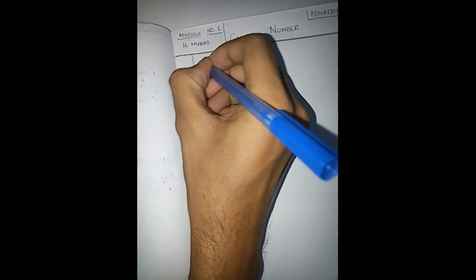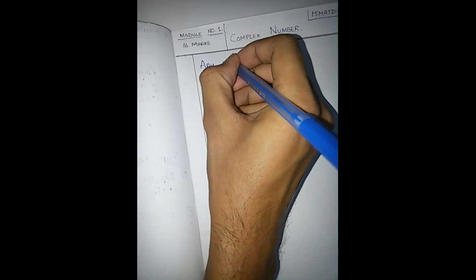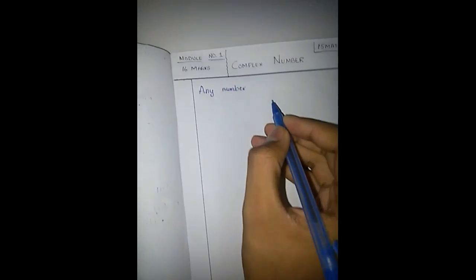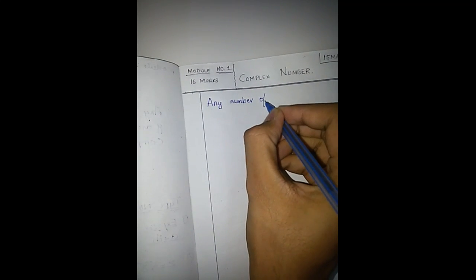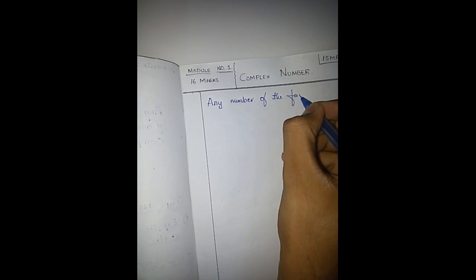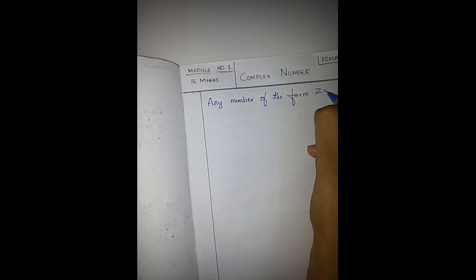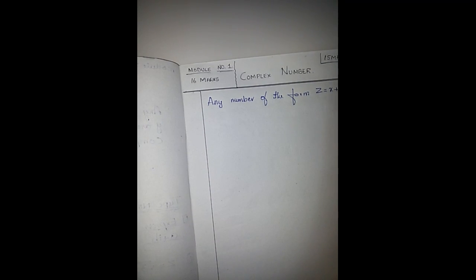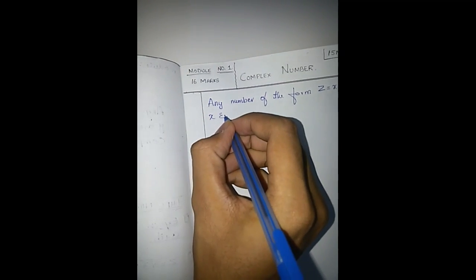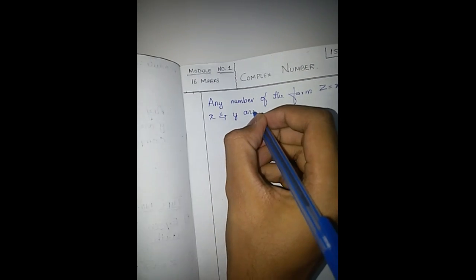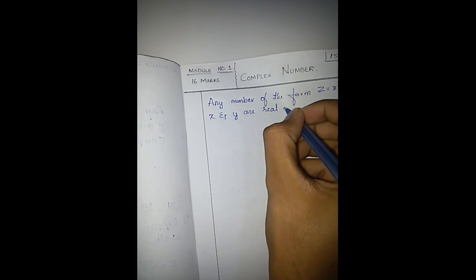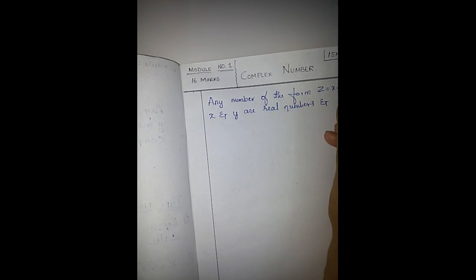A complex number is any number of the form z is equal to x plus iy, where x and y are real numbers and the value of i is equal to root of -1.